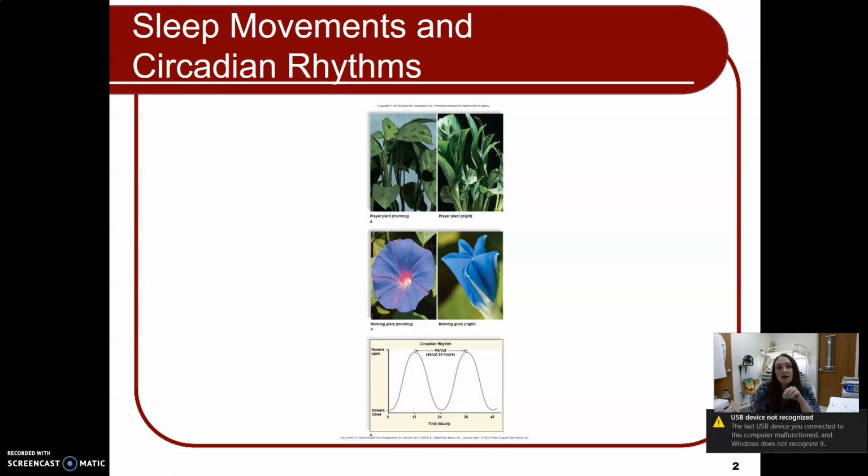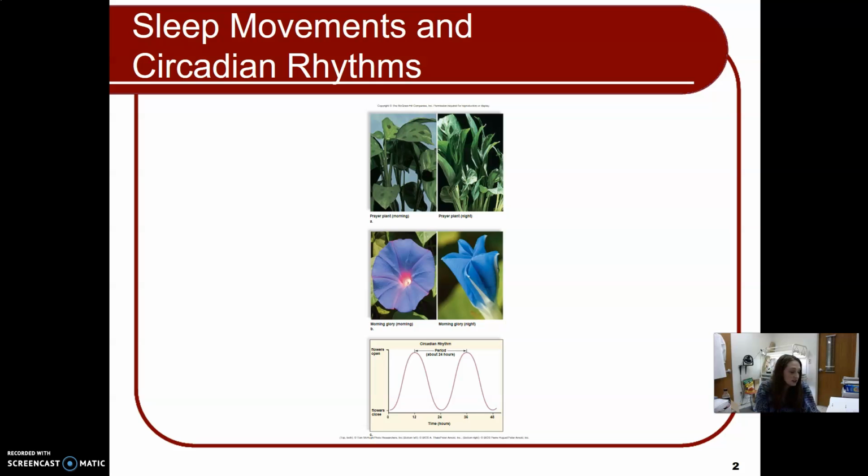Just like we have a circadian rhythm or biological clock, these plants also have that. There are some plants that actually bloom during the day and close up at night. Morning glories in particular are pretty much named because they open up in the morning and close up at night.